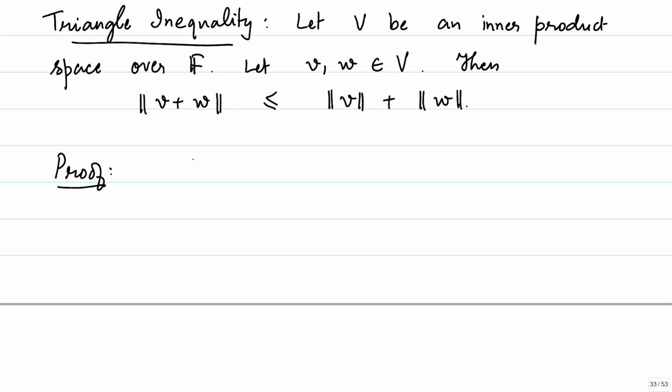So let us consider again positivity of the inner product with the vector V plus W. So we know that the inner product of V plus W with itself is greater than or equal to 0. But what is this?